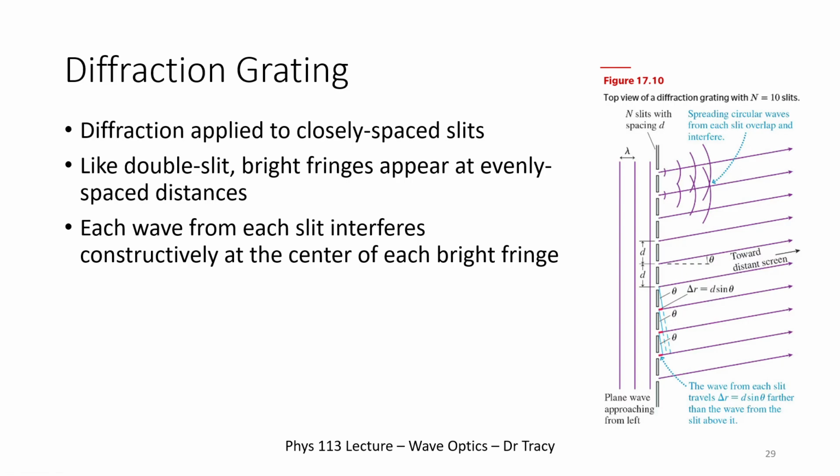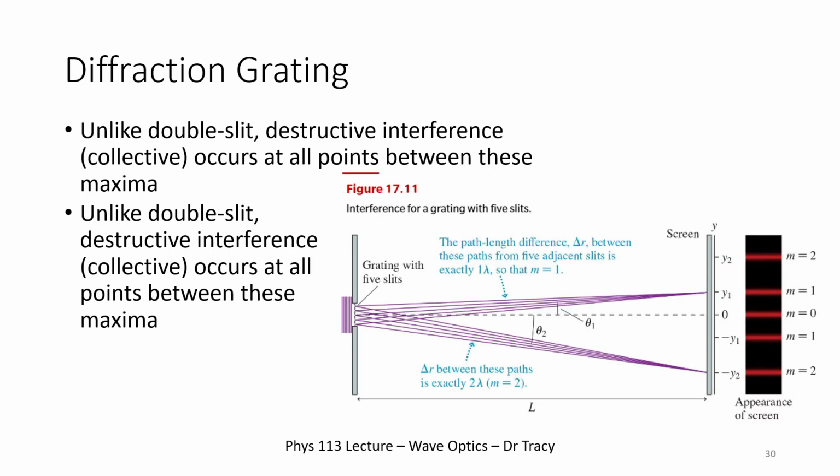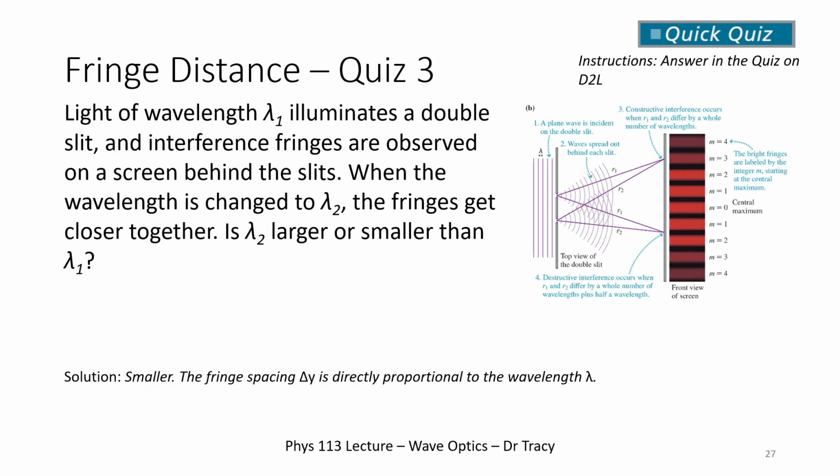And just like the double slit, bright fringes will appear at evenly spaced distances. This is due to each wave from each slit constructively interfering at each bright fringe. However, a pretty interesting characteristic shows up: in between these points, you'll notice that the bands are much more narrow, as opposed to the bright fringes being very wide for your double slit.